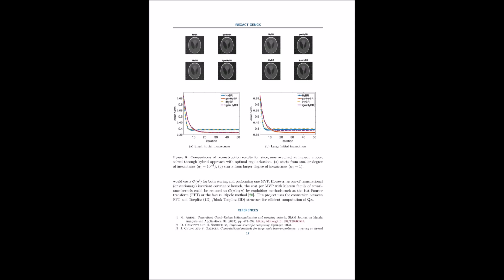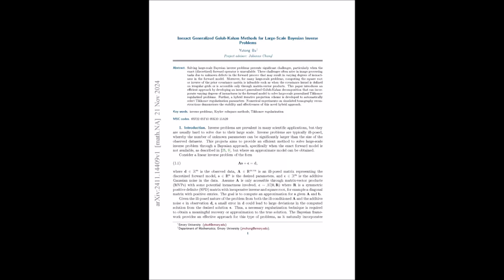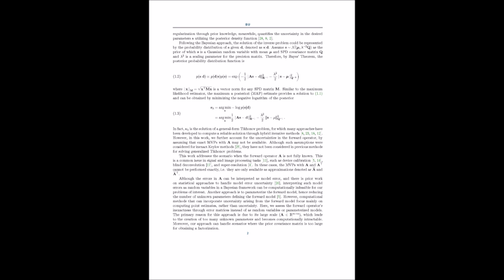They also incorporate a technique called generalized Golub-Kahan bidiagonalization, which is specifically designed to handle problems that involve covariance matrices. Ah, yes. Covariance matrices. Remember how we were talking about quantifying uncertainty in a Bayesian setting? Covariance matrices are key to representing that uncertainty. They tell us how much different parameters are likely to vary together. Exactly.